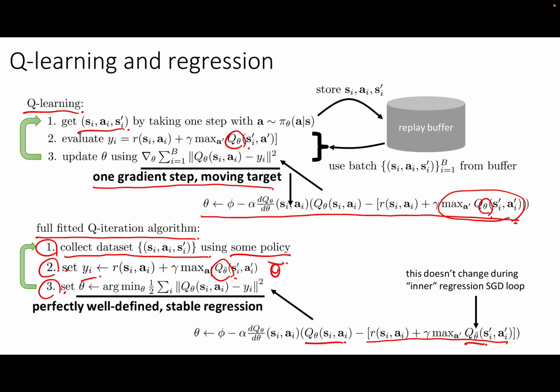Since theta bar is different from theta, it addresses the moving target problem, so it can be seen as a perfectly well-defined, stable regression. We will study this in detail. The difference, as I said, is that the target is not from its own network. The target is from a different network, and there can be several different networks parameterized by theta bar. I'll introduce them later.